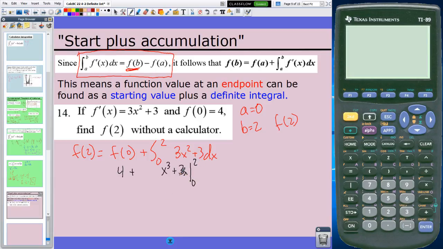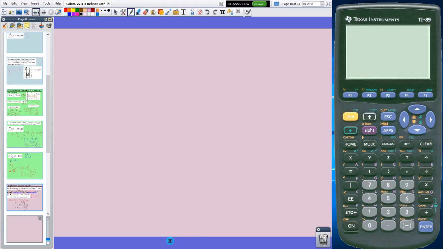I'm going to ignore this 4 for now. So I'll plug in the 2 first. It's going to be 2 cubed plus 3 times 2 minus plugging in 0, which is 0 cubed plus 3 times 0, which goes away. So this is just 8 plus 6, and this plus 4, and it adds up to 18. So there's your answer. All right, we're done.